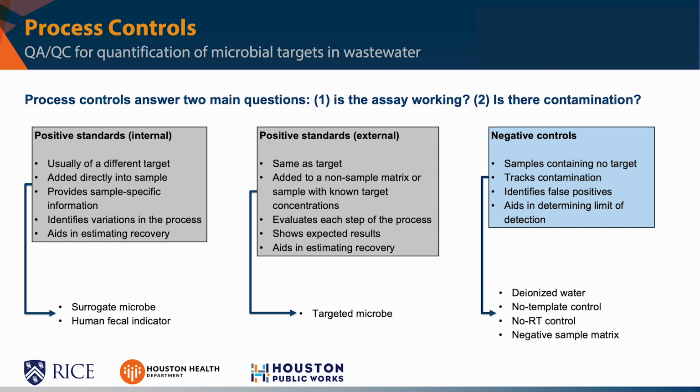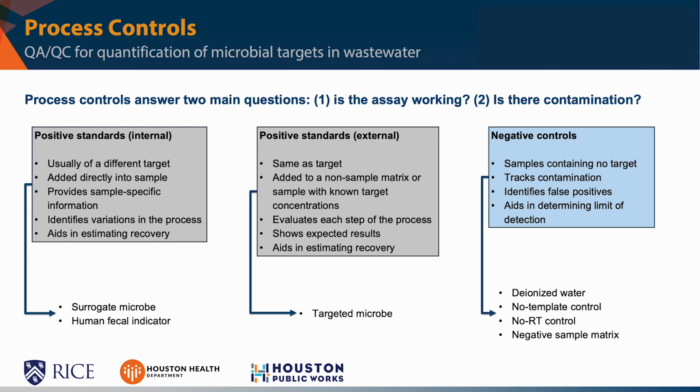Specifically, if the target of interest cannot be easily obtained, a surrogate microbe can be used. Examples of internal positive controls include surrogate microbes and human fecal indicators. As opposed to internal standards, external positive standards are usually the same microbe as the target of interest and are added to a non-sample matrix such as DI water.